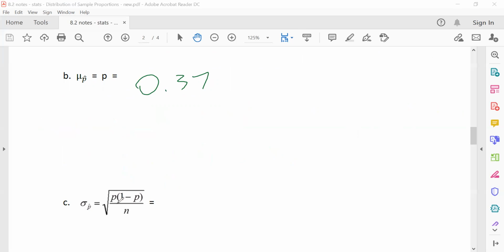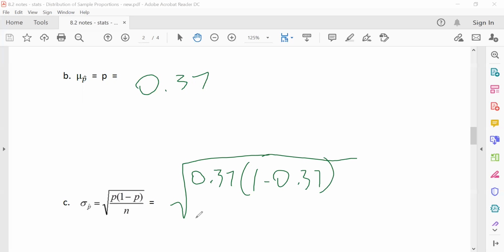And then I can use the square root of p times 1 minus p, in this problem that's going to be 0.37 times 1 minus 0.37, all of this inside a square root, all over 500. What you can do, I would do 1 minus 0.37 first, which is going to be 0.63.